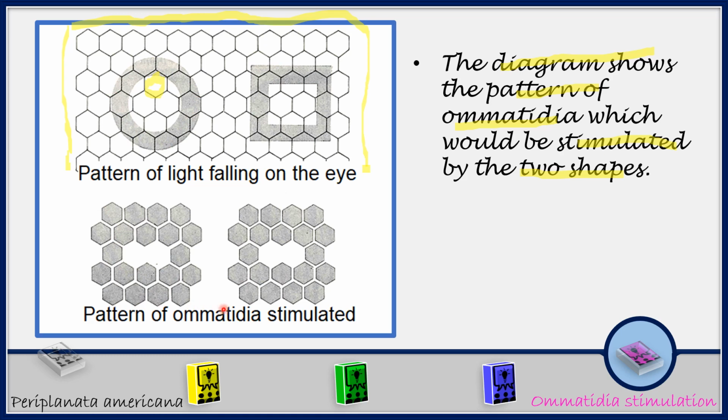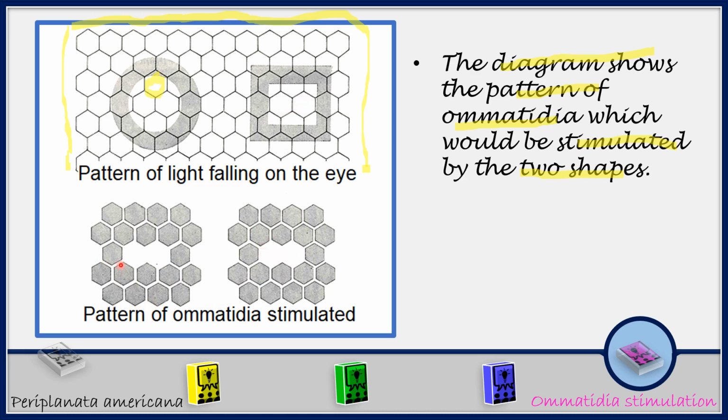So when you look at the ommatidia, you will see that all these ones where the light passed are the ones that are being stimulated. And these ones in the middle where the light did not pass will not be stimulated. When you also look at this square here, you will see that these parts where the light has passed are the ones that are going to be stimulated. And the ones in the middle where the light is not passing are not going to be stimulated.